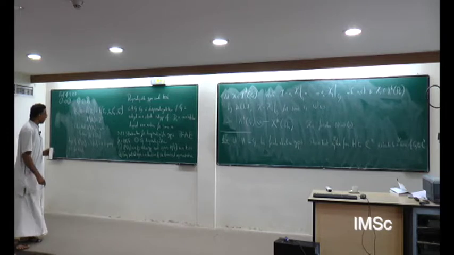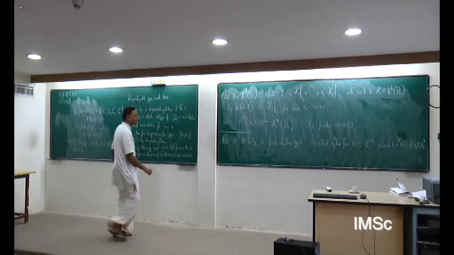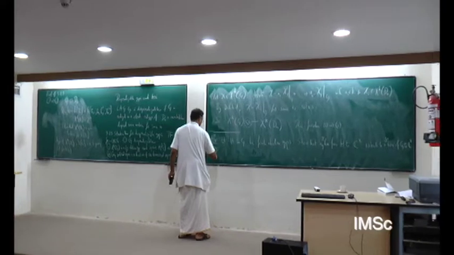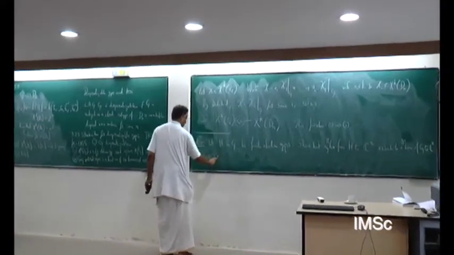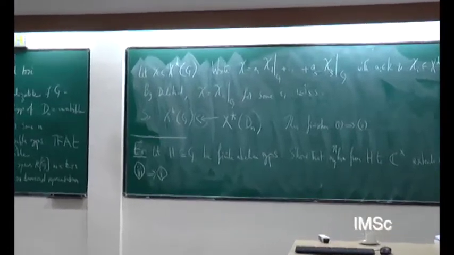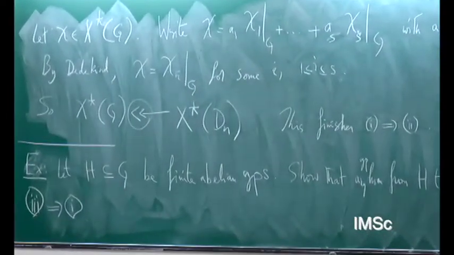Now, 3 implies 1 is obvious. What does that mean? You put G inside some GL(V).